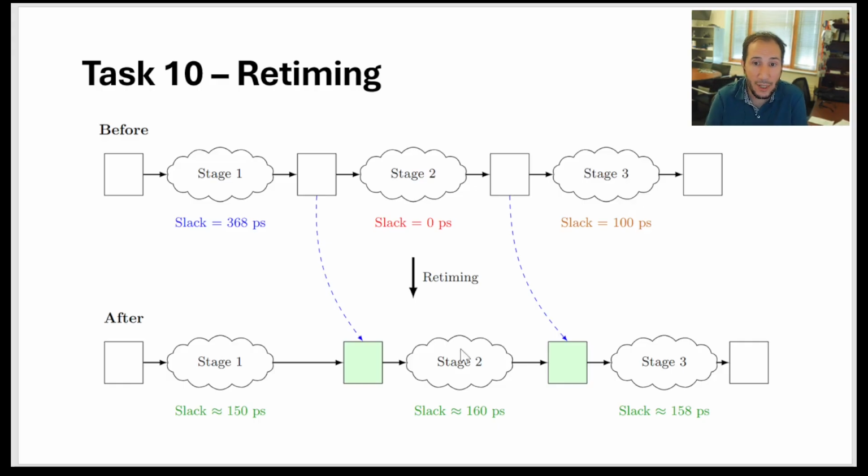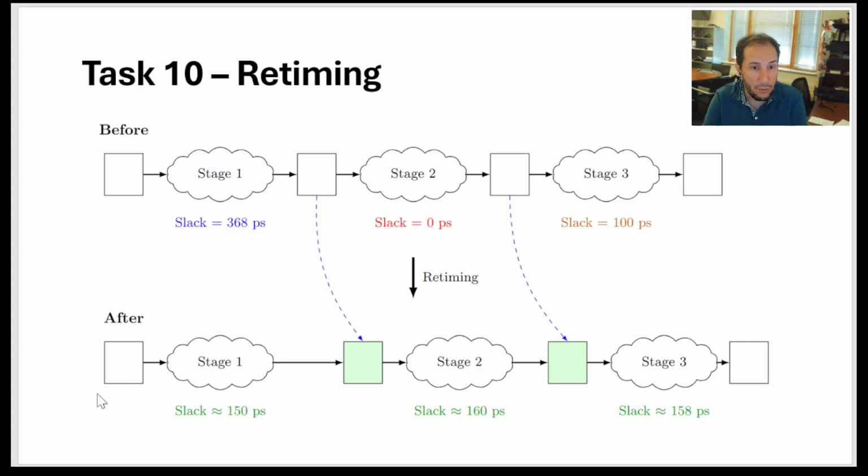And hopefully this path here that was really hard to close now will be easier to close. Okay, how do we do this? Well, retiming is a complicated engine, but basically it adds flip-flops that were not part of the original design to do this strategy of rebalancing.